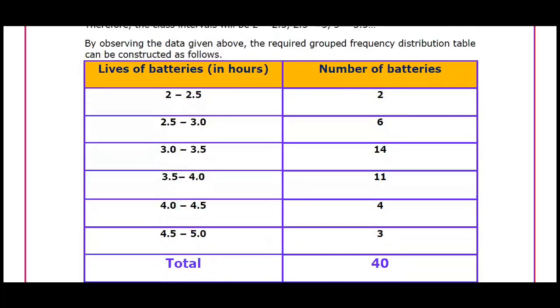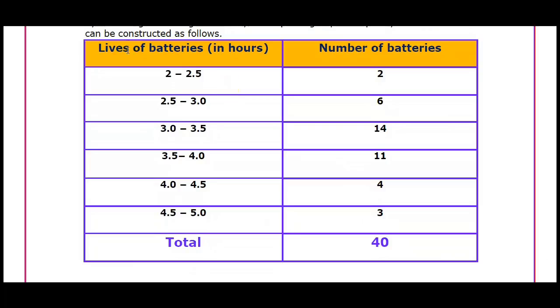In the first column you can write the lives of batteries in years, and in the second, the number of batteries. So in the column lives of batteries, you are going to start your class interval from 2 to 2.5. Next will be 2.5 to 3, 3 to 3.5. Likewise, up to the last class interval, which will be 4.5 to 5, according to the given data.